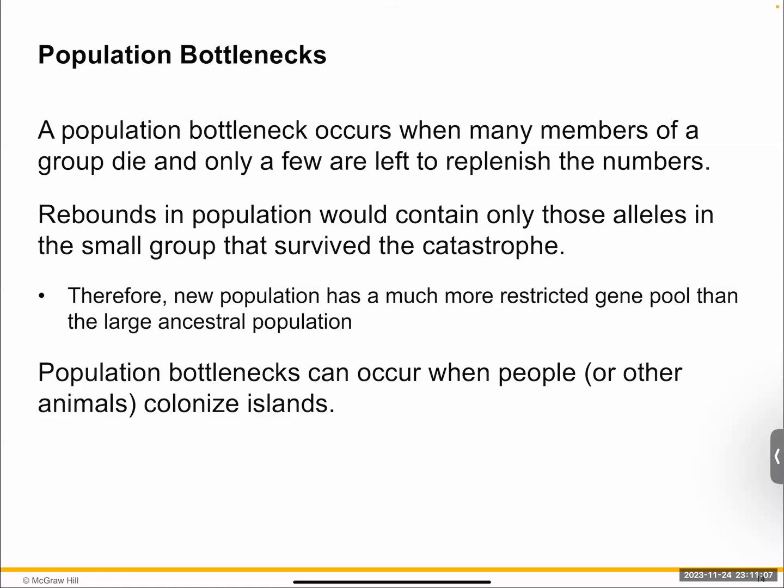Now you have a much smaller size with very specific allele frequencies that might be either higher or lower than the original population. Population bottlenecks can happen with things like natural disasters, or when people are separated from the original population by geographical barriers, for instance, if somebody comes and colonizes an island.